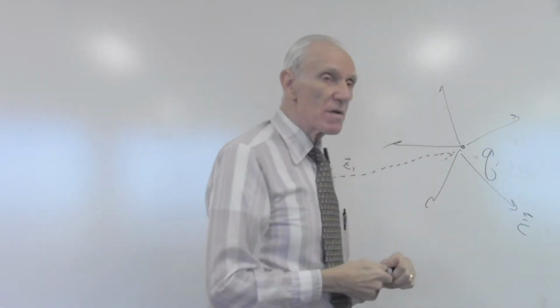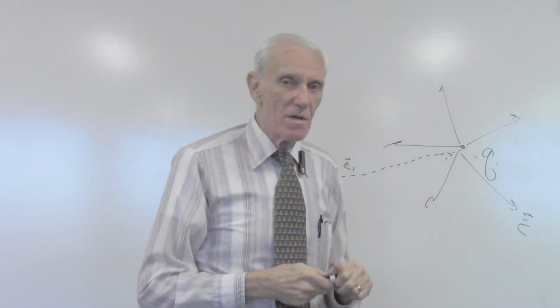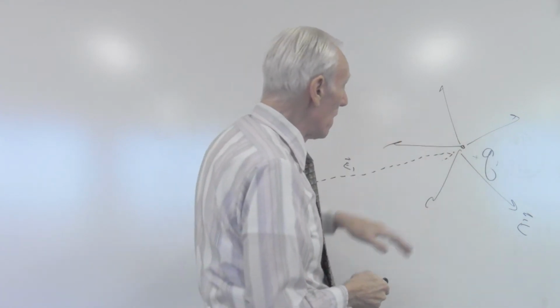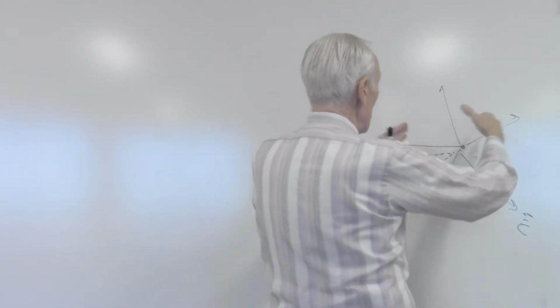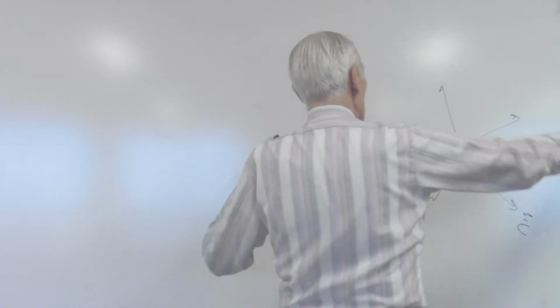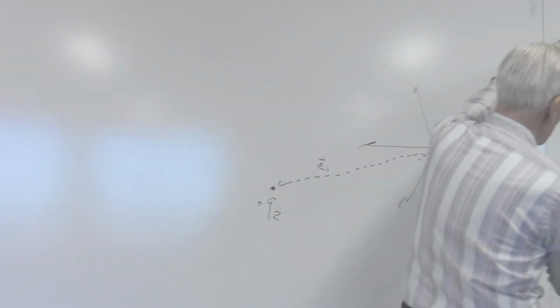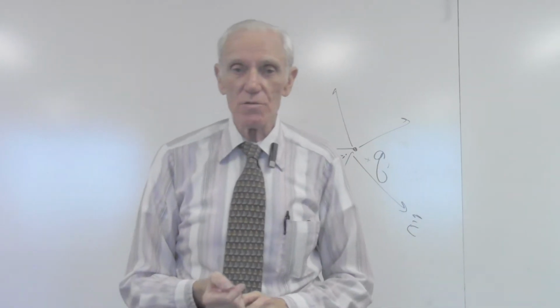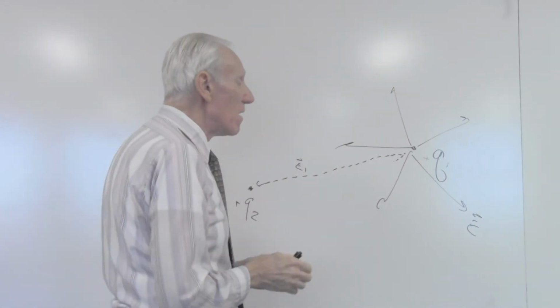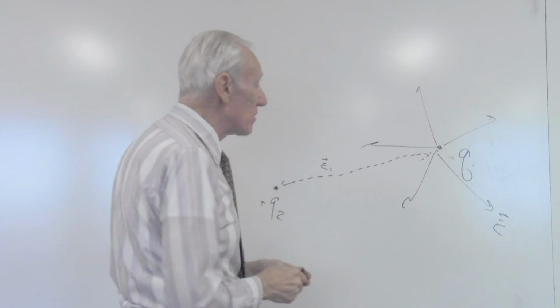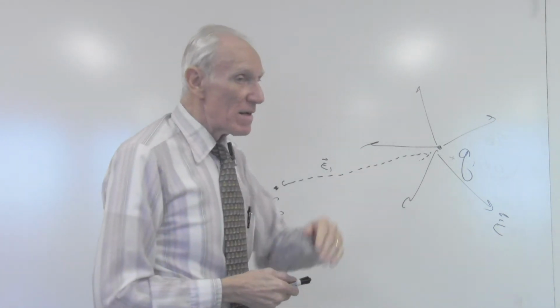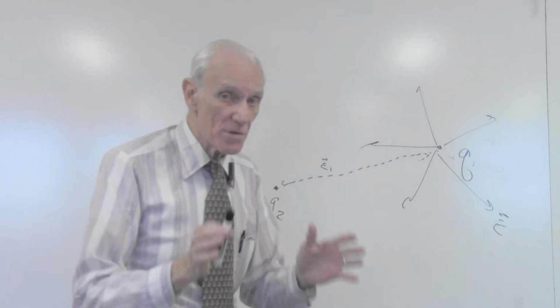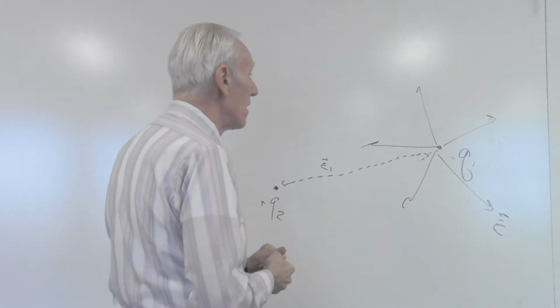In fact, it gets weaker as 1 over r squared, as you go out here. The field lines are this far apart over here, so the field is really weak. And it dies out as 1 over the square of the distance between these two charges. And we'll write that down in a minute. That's called Coulomb's law. That's the first thing you're going to talk about, or have talked about this semester.